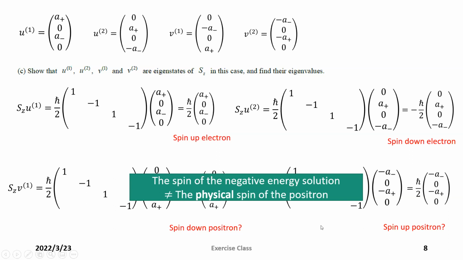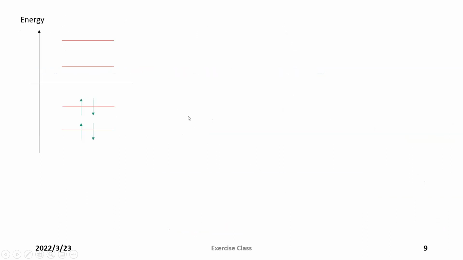And to understand this, we can use the Dirac sea picture. In Dirac's interpretation, all the negative energy levels are filled by negative energy electrons, and he regards a positron as a missing negative energy electron.